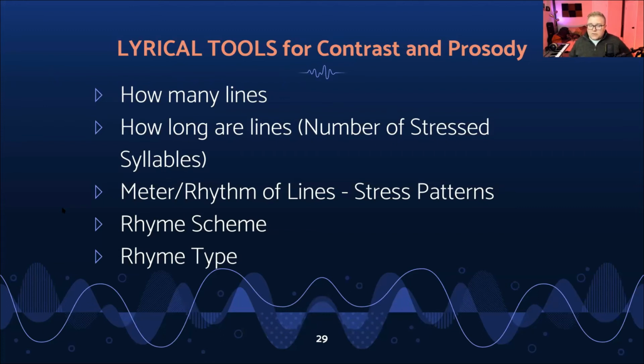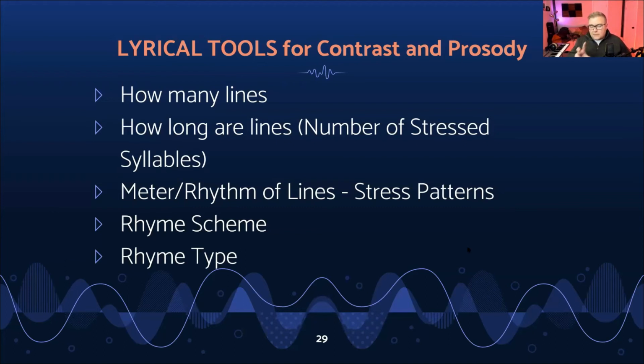Another tool is the rhyme scheme. Some rhyme schemes are much more stable than others. Your most stable rhyme scheme is where all the lines rhyme, and the least stable is where none of the lines rhyme, but there's a huge spectrum within that as well.